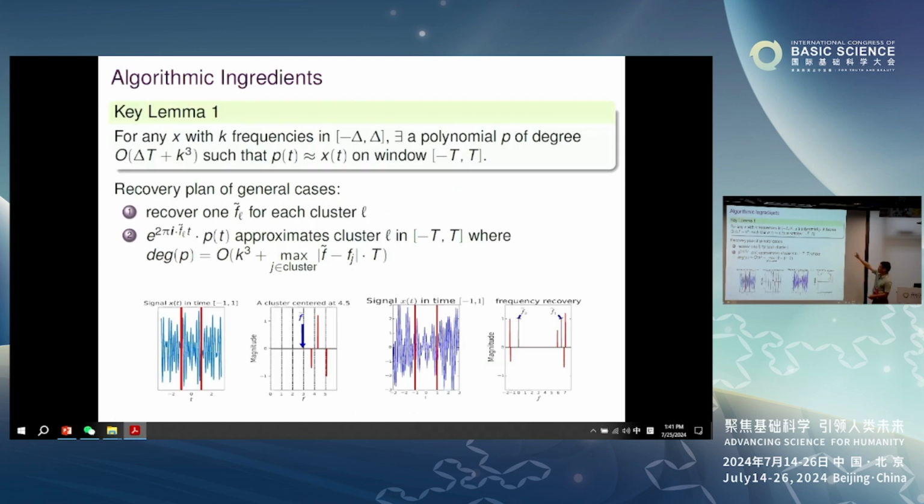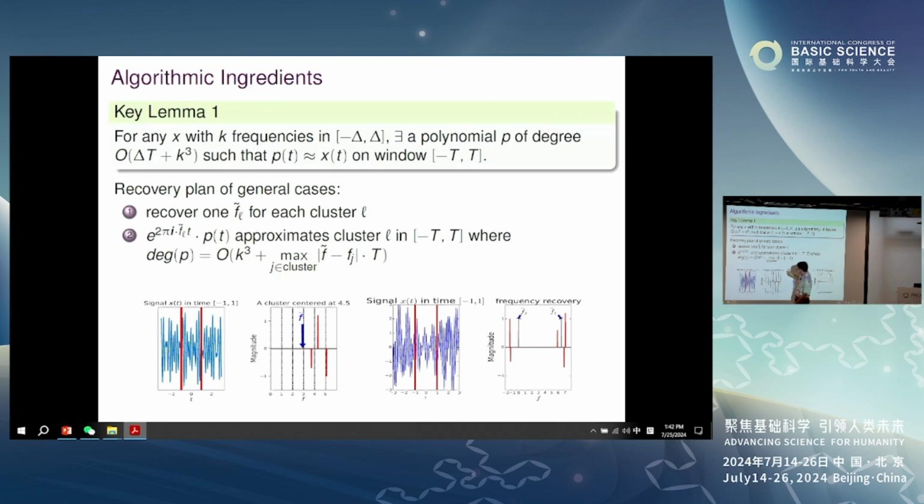Okay, so this is the first ingredient. When the frequencies are clustered together around 0, we can use a polynomial to interpolate them. And then this is the recovery plan for general cases. In the general case, we may have a cluster of frequencies not around 0, maybe very far away.